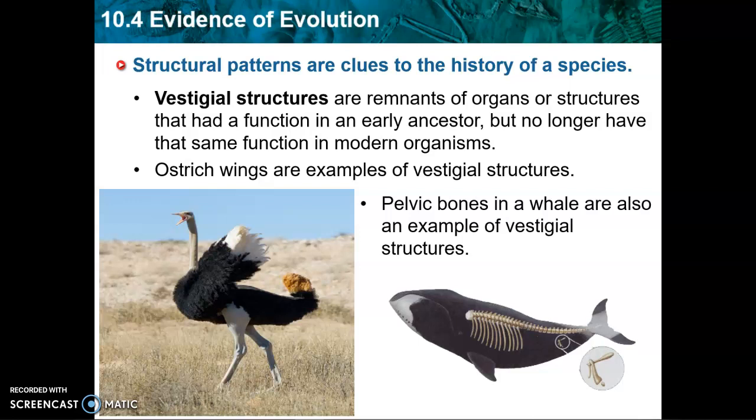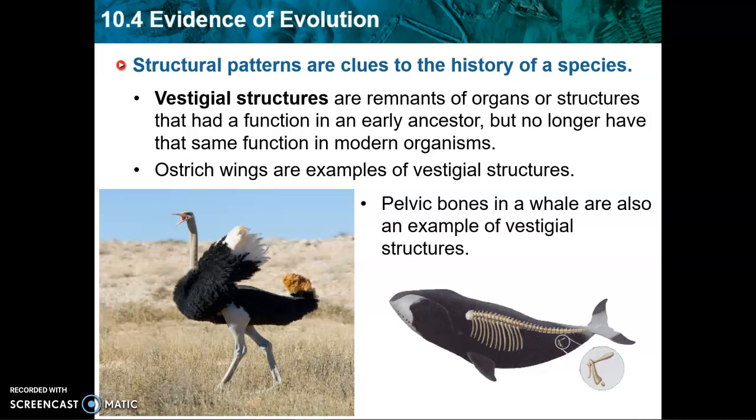An example of this would be something like the wings of an ostrich. It's a bird, so it came from bird ancestors, which we know had wings. Well, the ostrich itself does not actually use its wings, at least not for flying. It can use them as a display, but that's not the original purpose of the wing, and so we would consider those wings to be vestigial structures.